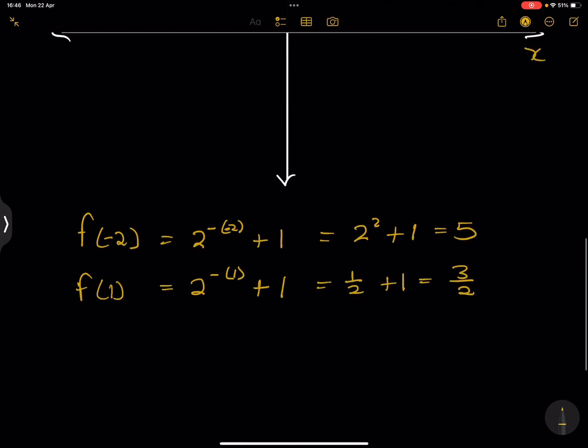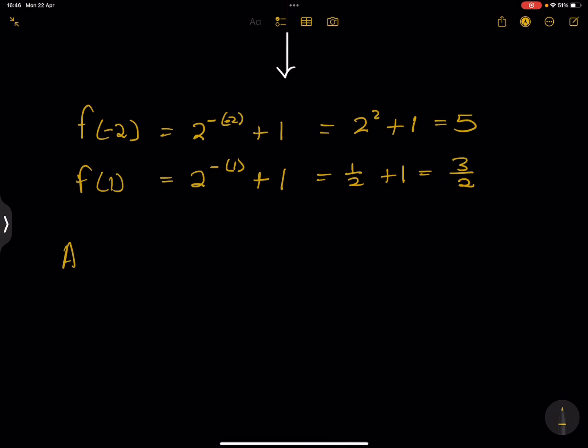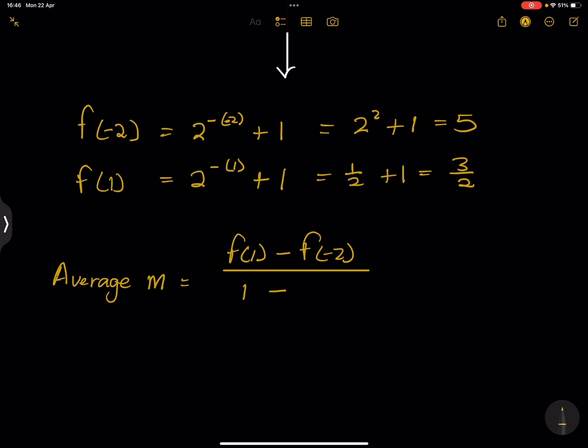And so how are we going to get the average gradient? The average gradient would be equal to f of 1 minus f of negative 2, divided by 1 minus negative 2.